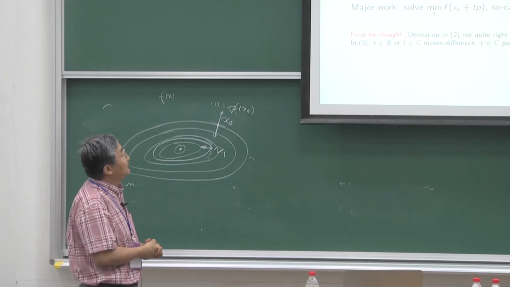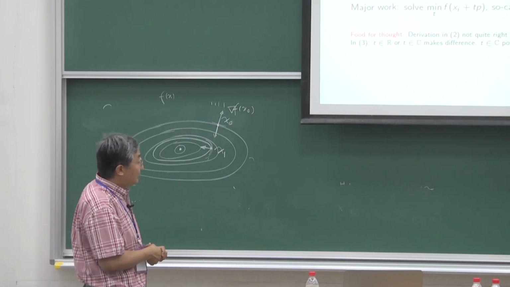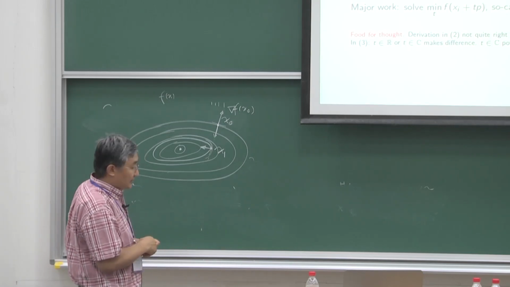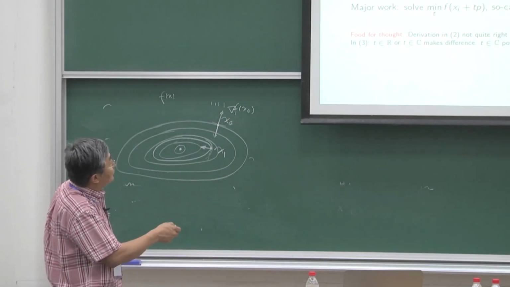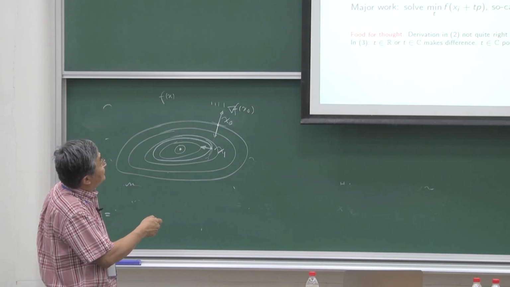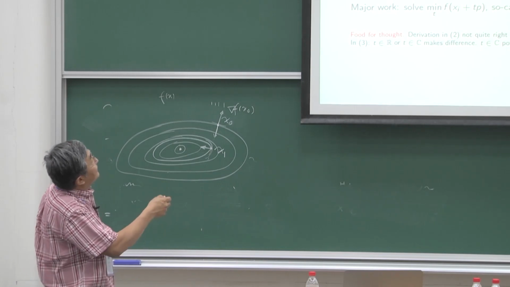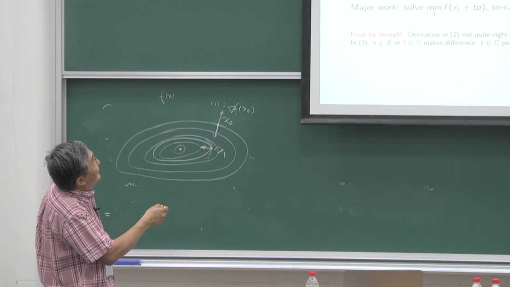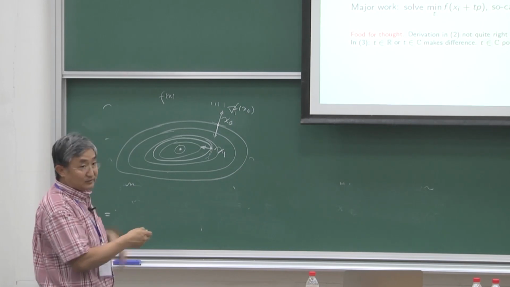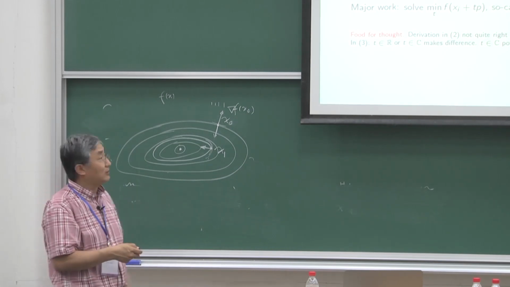That's the basic idea of steepest descent. Now, let's put a food for thought here. What I put here before is for a real-valued function. The function is real-valued and x is a real vector as well.